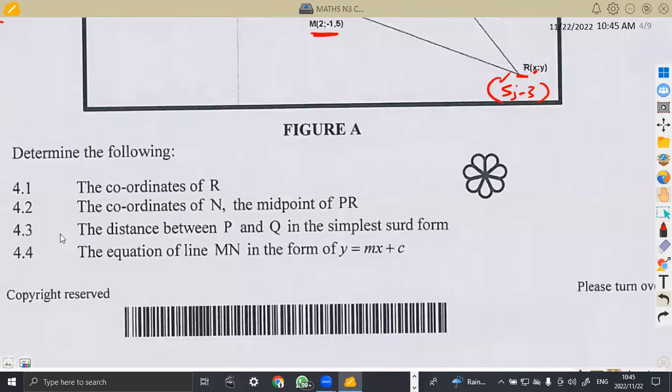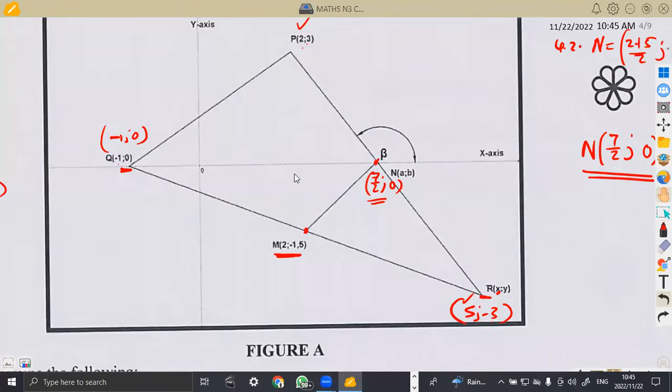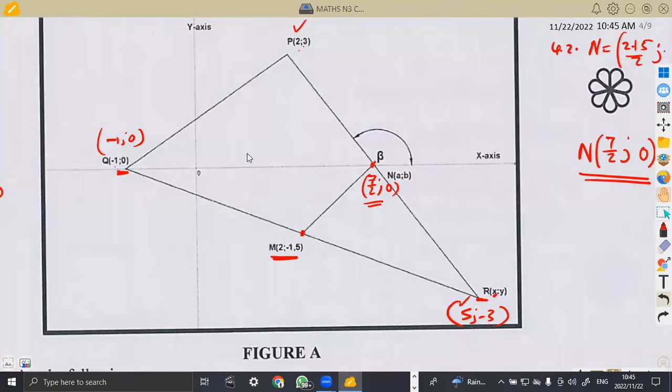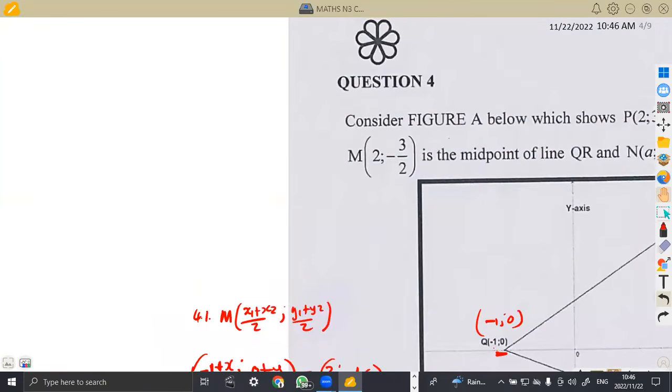Okay, let's see the other part: the distance between P and Q in simplest surd form. Take note, in surd form. This is our P and this is our Q. We need the distance PQ. That's 4.3. Remember for distance, we use x2 minus x1 squared plus y2 minus y1 squared.